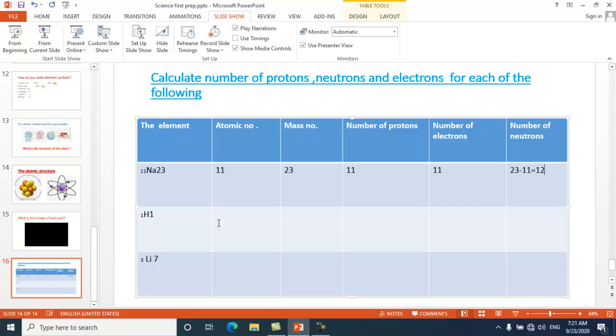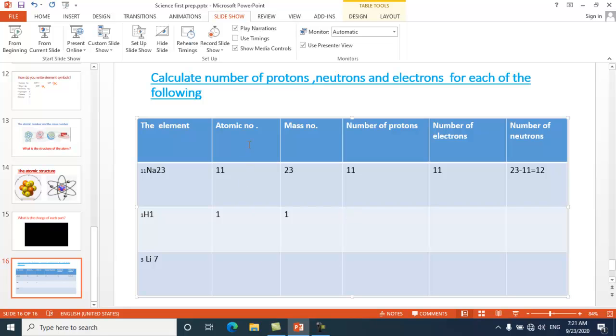Another example. Hydrogen. Its atomic number equals 1. Its mass number also equals 1. What about the number of protons? Excellent.